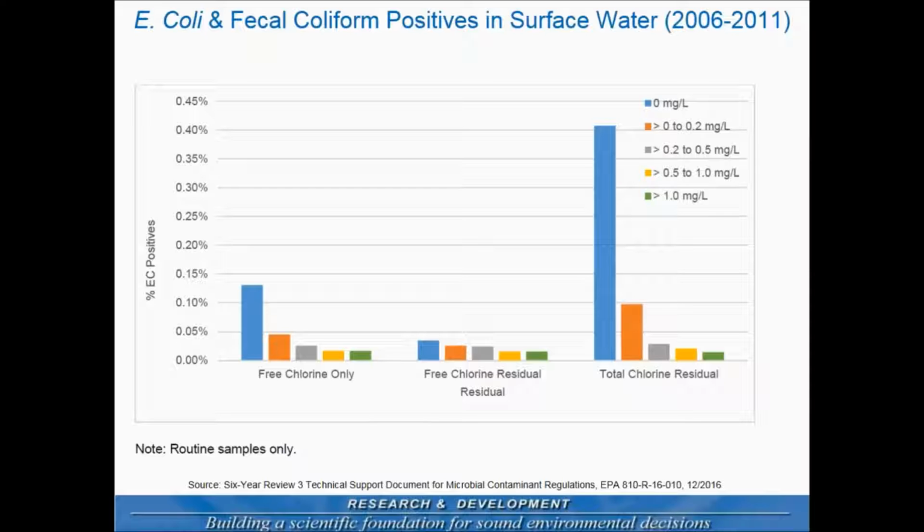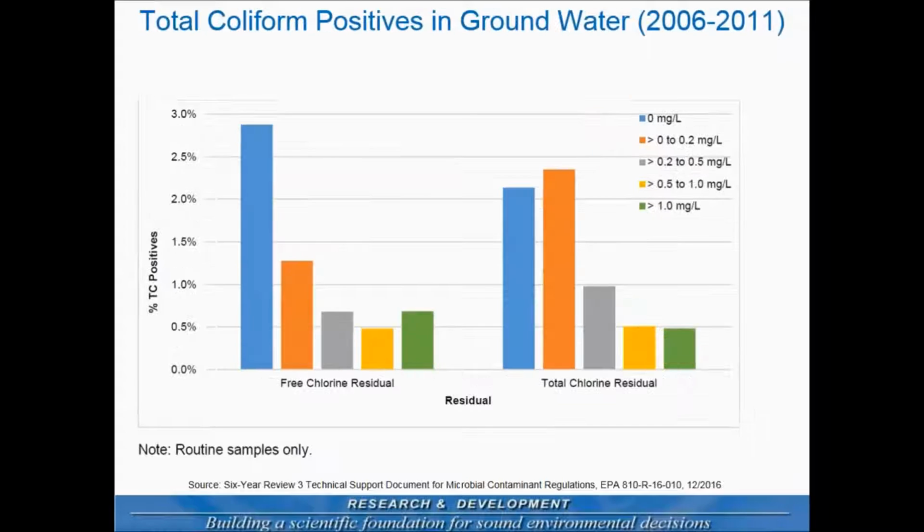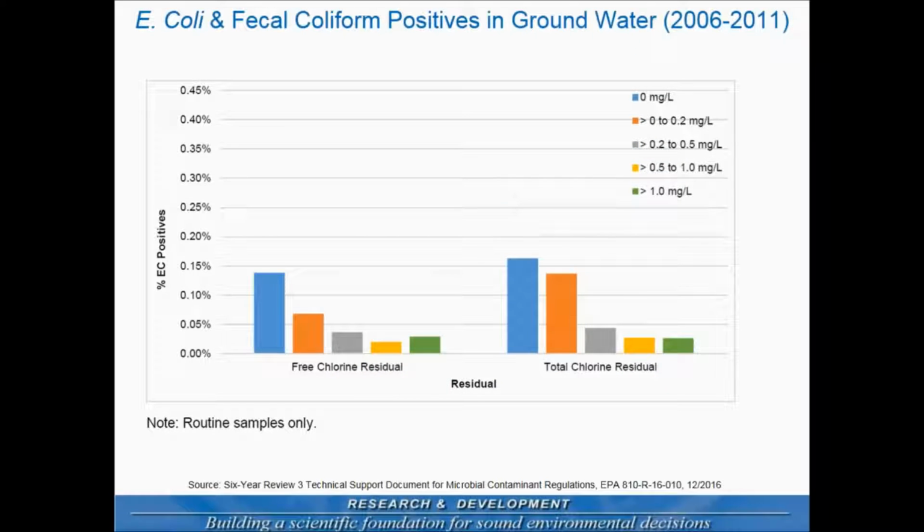Real quickly, as I'm getting to the end of the time here, if we look at groundwater and we look at total chlorine and free chlorine, this is basically the same analysis, but just with the two categories, because most groundwater systems are free chlorine systems, the data wasn't biased as much in the same way. You see basically a similar effect for both total coliform and E. coli and fecal coliform positives. So as the chlorine residual goes up, the number of positive samples goes down.